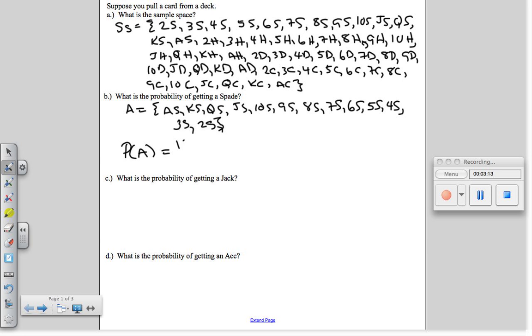There are 13 cards there, so the probability of getting a spade is 13 out of 52. If you'd like to reduce that to 1/4, you can, or you can leave it just like this.